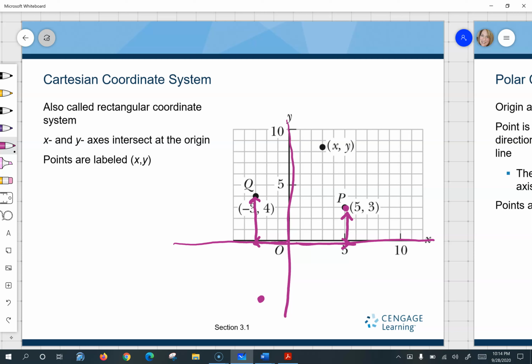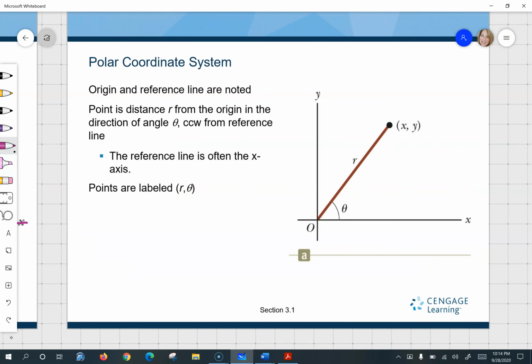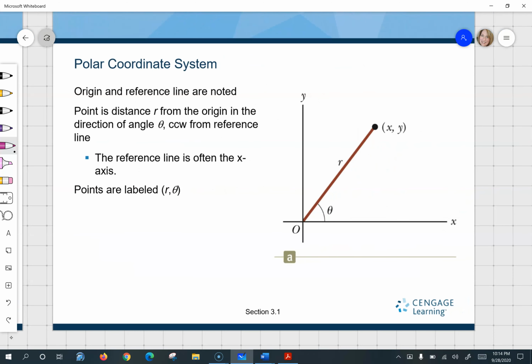If we had one down here, it would be negative and then negative. And if we had one here, it would be positive and then negative.